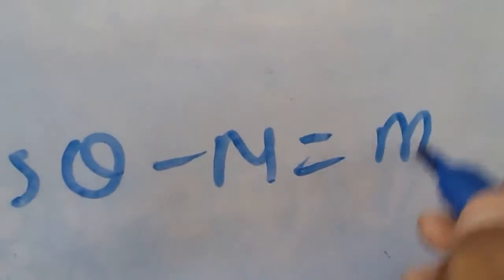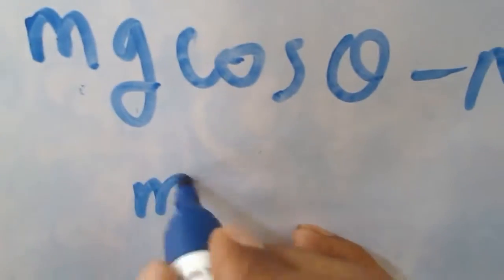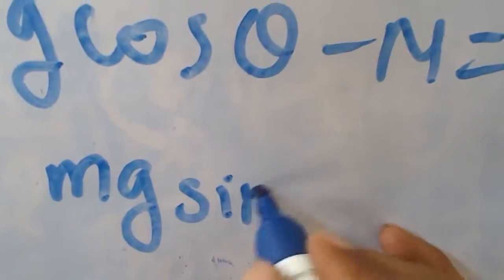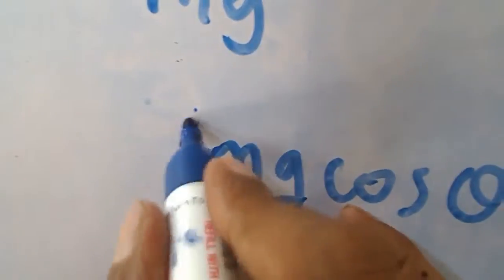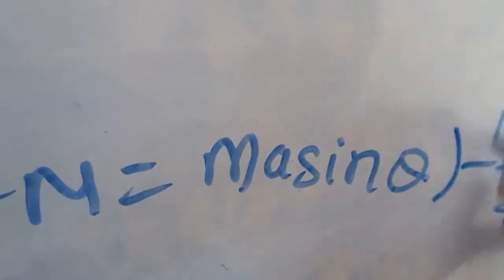So mg cos theta minus N is equal to m A sin theta, and mg sin theta is equal to m A1, because there is acceleration along this. I have balanced the forces along the y axis, and this is the balance of forces along the x axis. So what is A1? g sin theta is equal to A1.